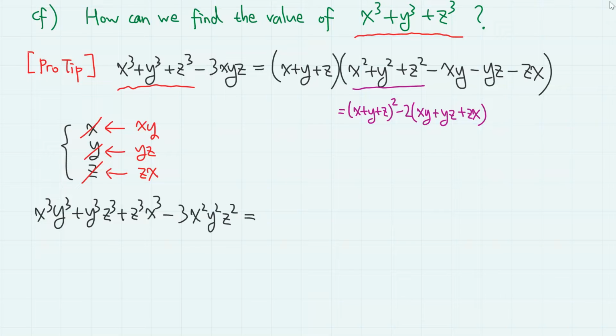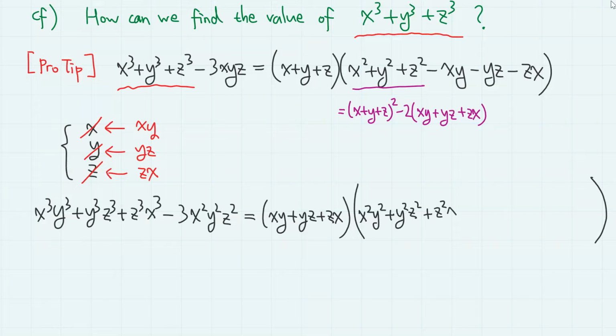So this equals xy plus yz plus zx times x squared y squared plus y squared z squared plus z squared x squared minus xy times yz, so xy squared z, minus yz times zx, so yz squared x, minus zx times xy, so zx squared y.